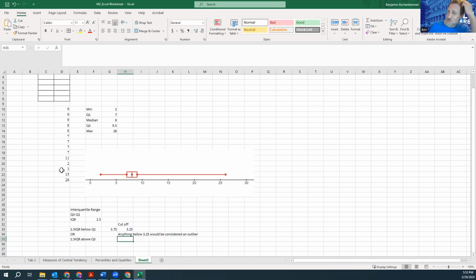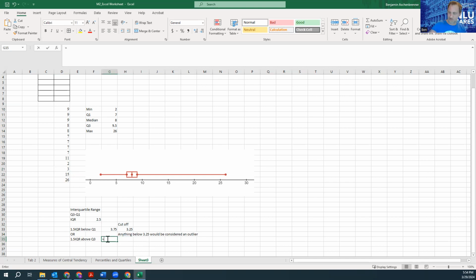So based on that definition, both of these points are actually outliers. And we might construct the box plot to look differently in terms of shortening the whiskers up to the 3.25 and then making little kind of star marks out here to show these are outliers. We'll see that sometimes.